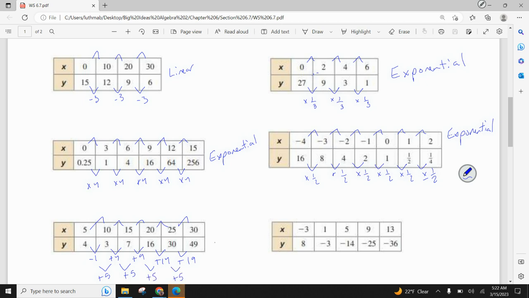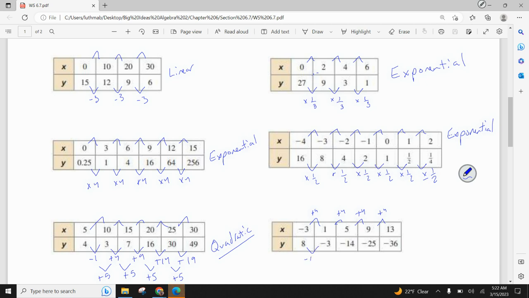So second differences are the same, putting us in a quadratic world. All right. So plus 4, plus 4, plus 4, plus 4. With the x values being the same, we can carry on.